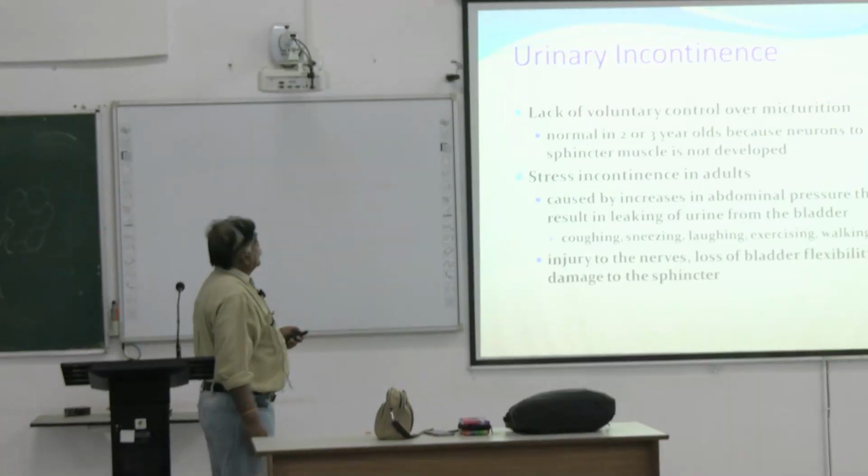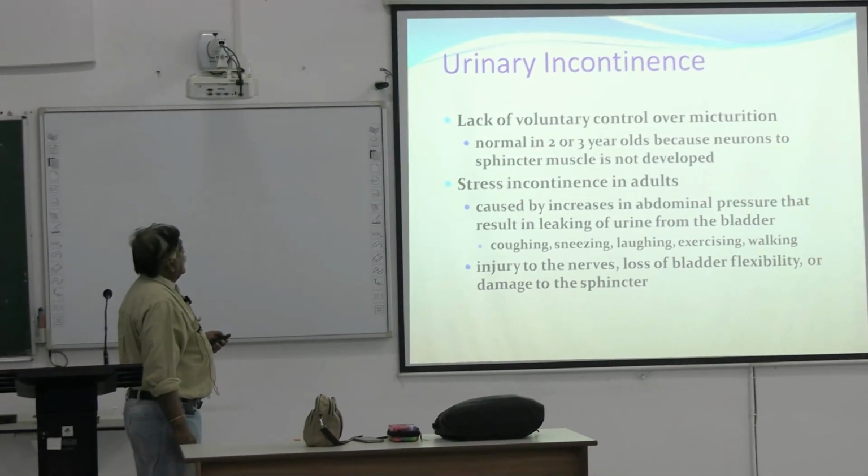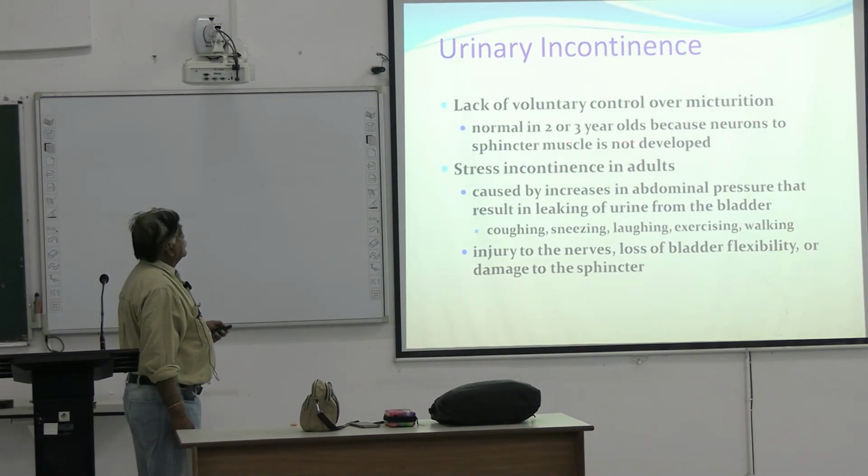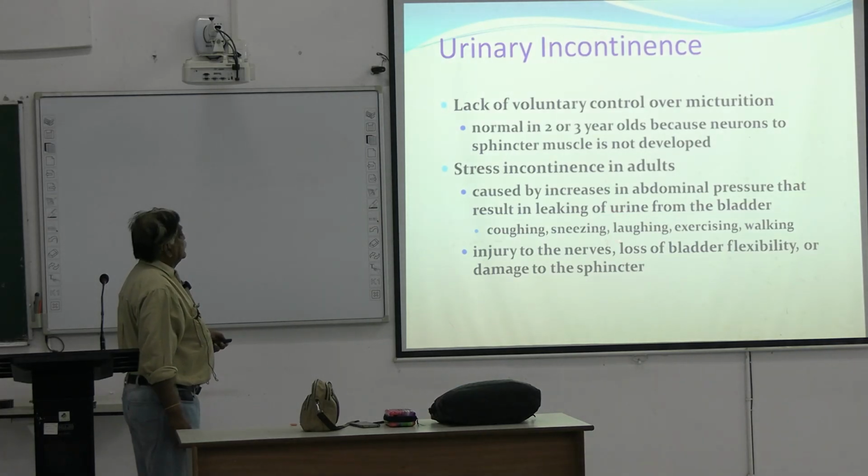Urinary incontinence, lack of voluntary control over micturition, is normal in 2 or 3 year olds because the neuron sphincter muscle is not developed. Stress incontinence in adults is caused by increase in abdominal pressure that results in leaking of urine from the bladder: coughing, sneezing, laughing, exercising, walking, injury to the nerves, loss of bladder flexibility or damage to the sphincter.